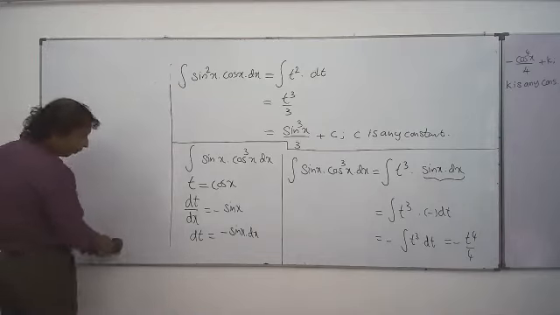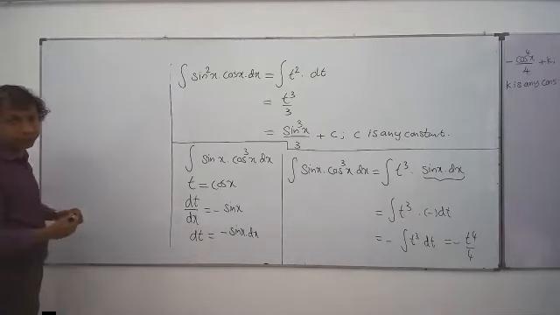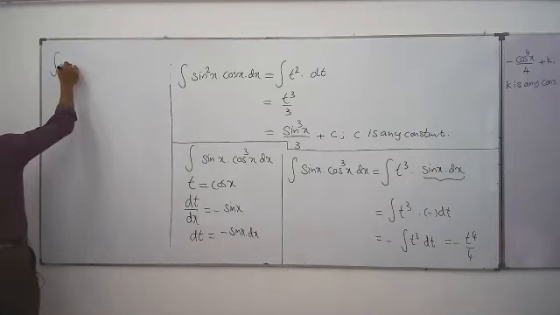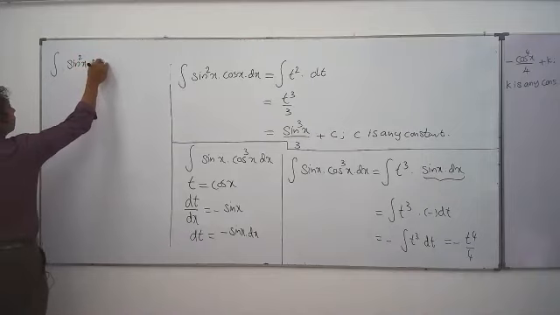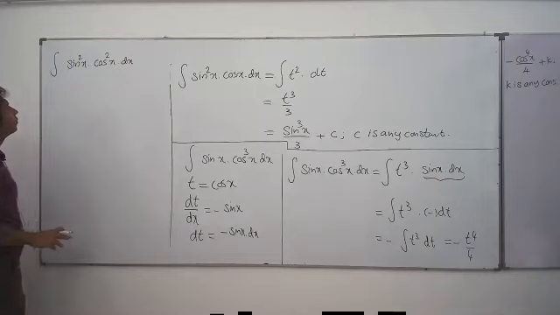We'll see, people, when both are even positive integers. Next one, like this. Sin squared x cos squared x dx. This way.